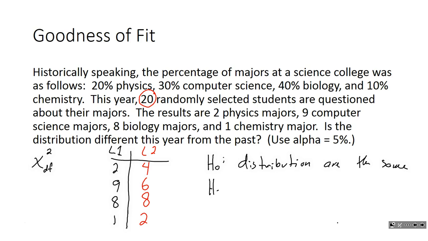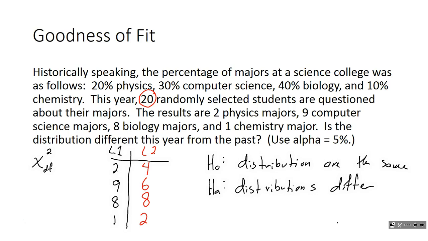And the alternative hypothesis would be that the distributions differ. I'm sure you'll recall in the past I've told you that the alternative hypothesis never has the equal sign. The null hypothesis does. Well, are the same, right? That's equal. Differ means not equal. So same pattern that we've always seen before.